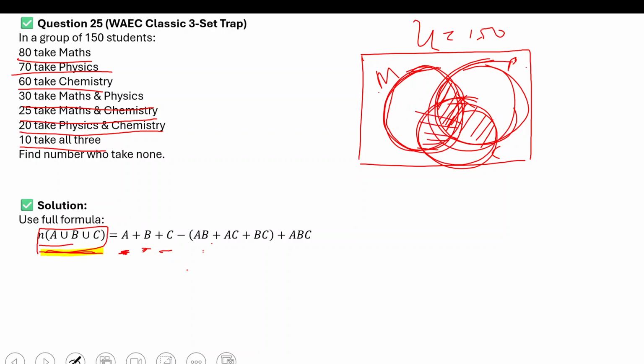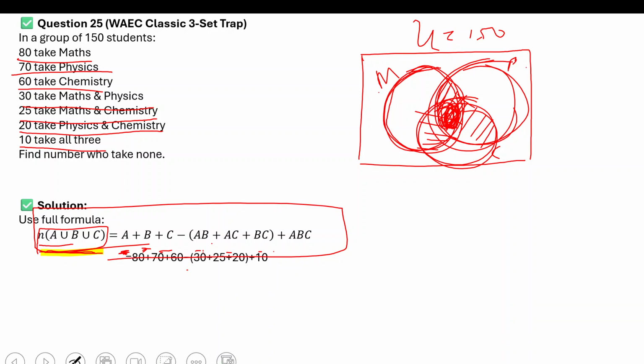So all the intersections two by two, I will subtract them. Then I'll come and add the intersection of the three of them. So this is the formula for three sets that intersect, right? So I'm just going to put in the parameters.